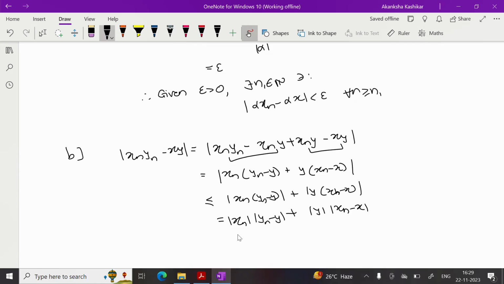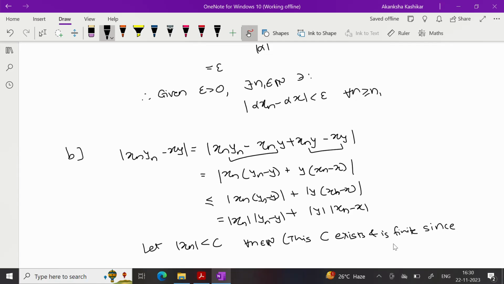We have proved in the earlier lecture that every convergent sequence is bounded, and we know xn is a convergent sequence, so xn will be bounded, and hence we can have some upper bound for it. So let mod xn be less than c, that is, c be that upper bound for every n. This c exists and is finite since xn is a convergent sequence.